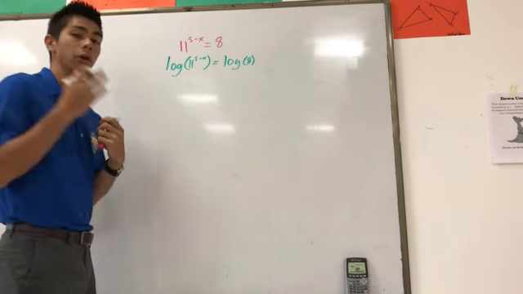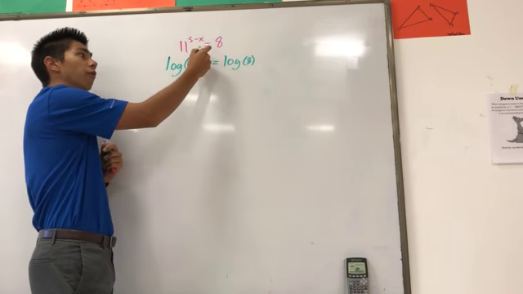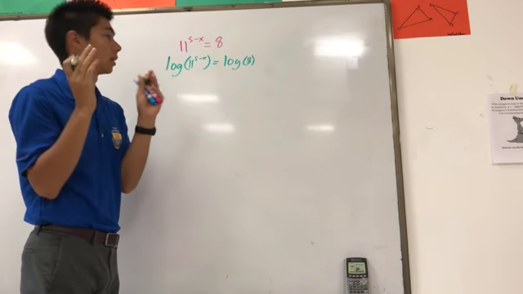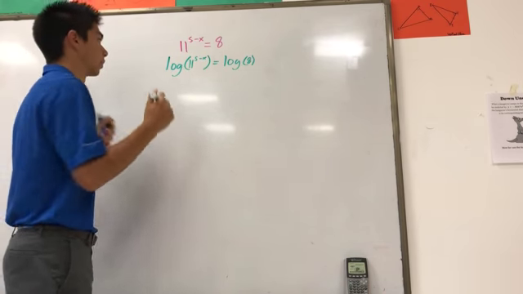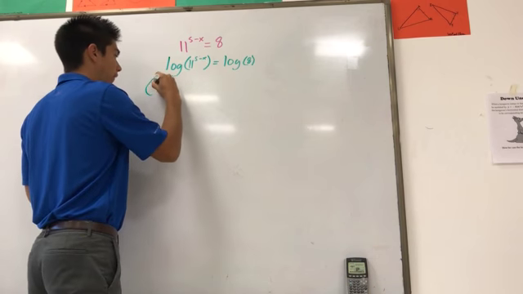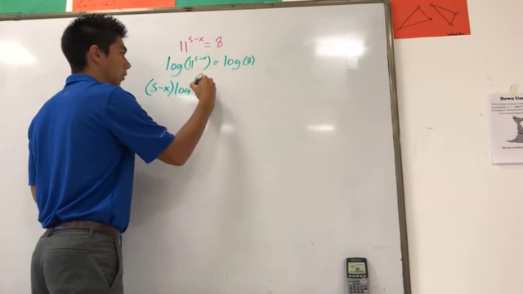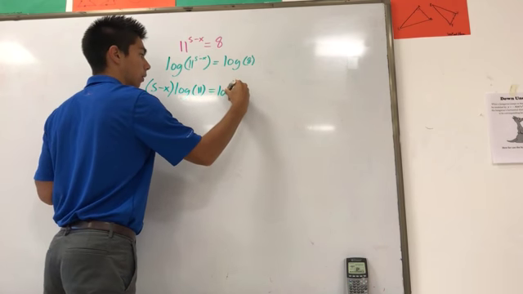Now I'm going to reference that first property that allows me to move my exponent down in front. In this case, my whole exponent is 5 minus x, so I'm going to move 5 minus x down in front. So this becomes 5 minus x times log 11 equals log 8.